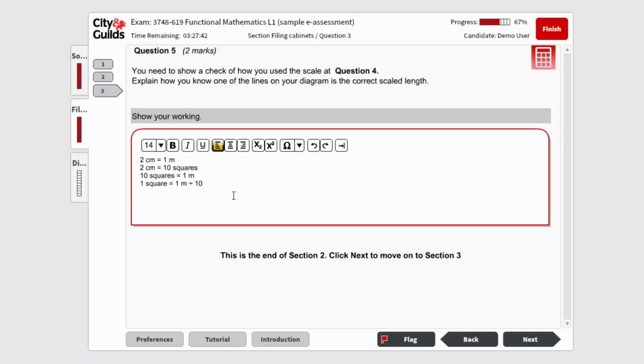Or we could say that 1 square is 1 meter divided by 10. Which is that 1 square is equal to 100 centimeters divided by 10. Which means that 1 square is 10 centimeters.